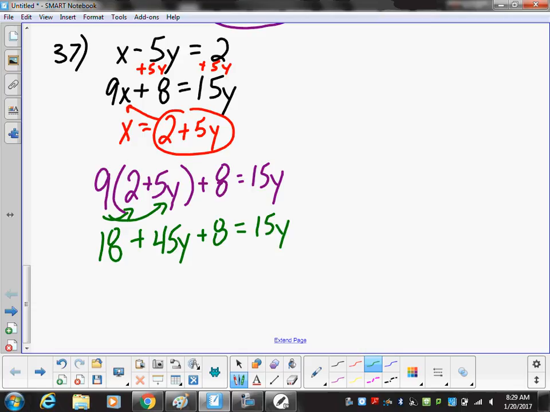All right, so that step, all I did was distribute the 9. And now I need to get the variables together. Well, this step, that's all I did. I needed to get rid of the parentheses.